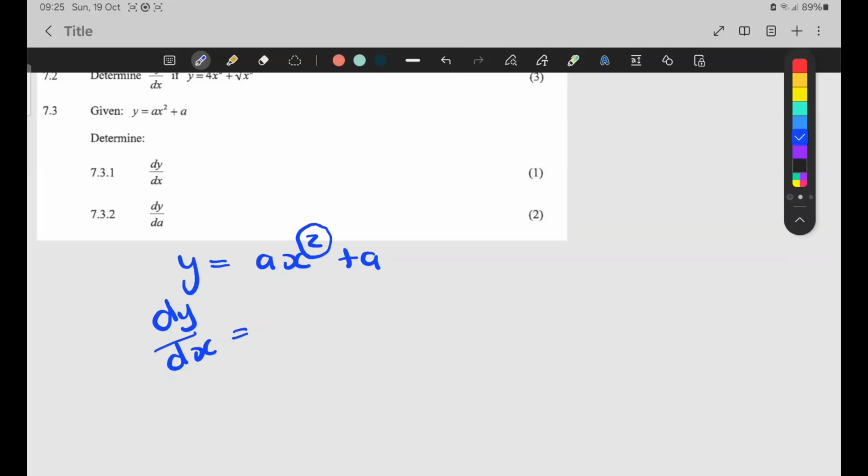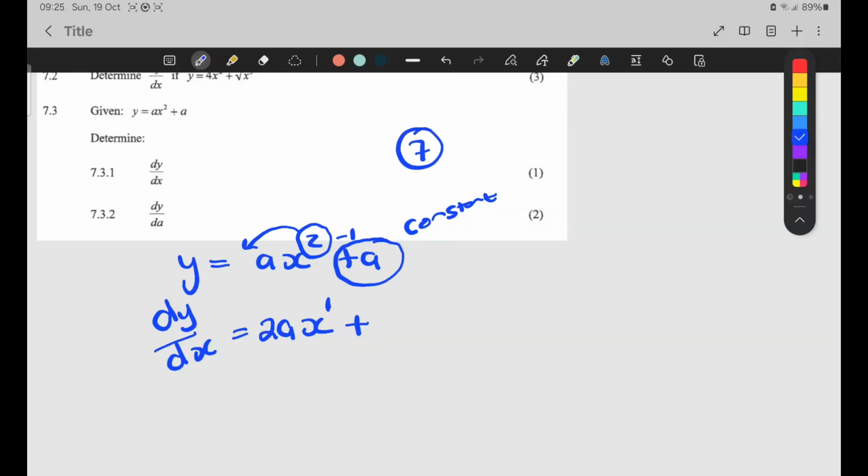I'm deriving x, so 2 goes in front here, so this becomes 2a, and then x, and this is minus 1, so this is to the 1, and then plus, I'm deriving x. So anything that's not x is a constant. A constant could have been a number. If you derive 7, it will fall away. So if I derive a, it's not x, so it will fall away. So there's nothing there. So dy over dx is 2ax. And that is the answer there.